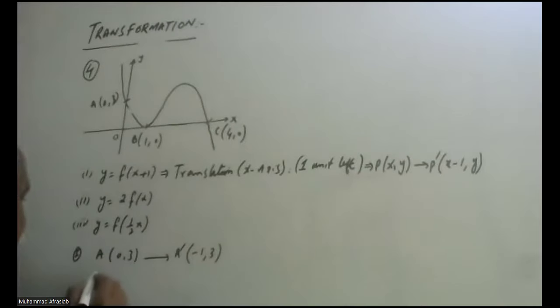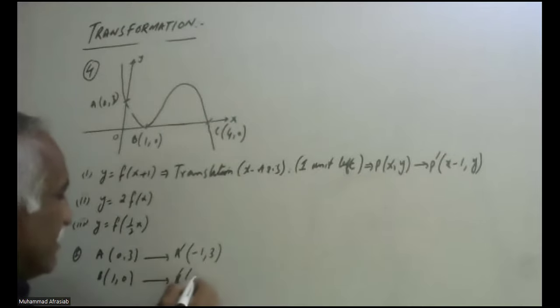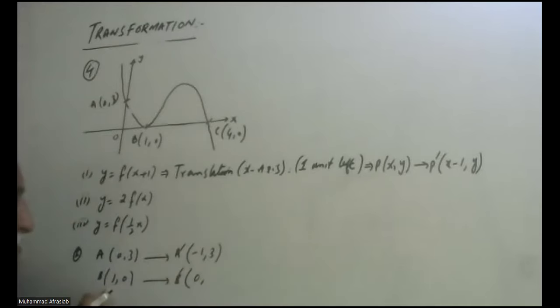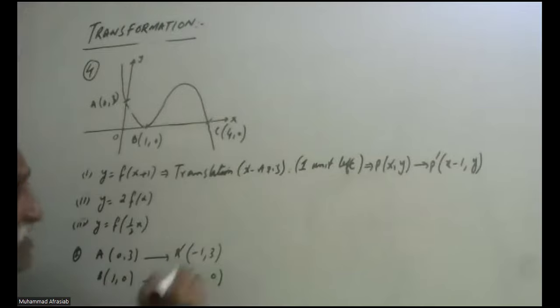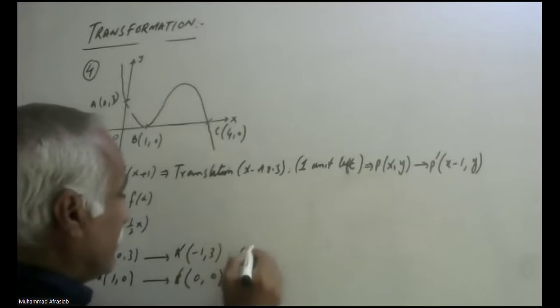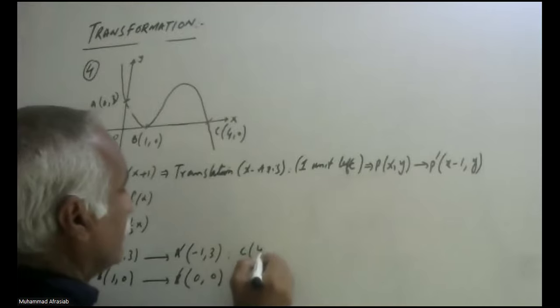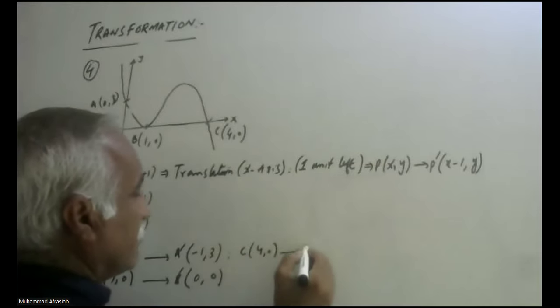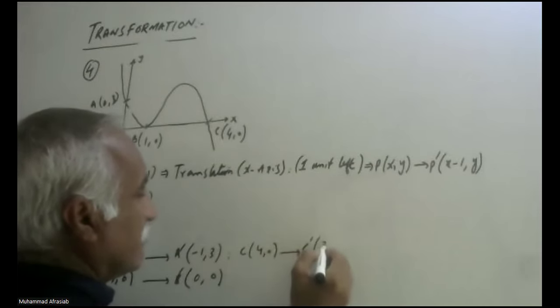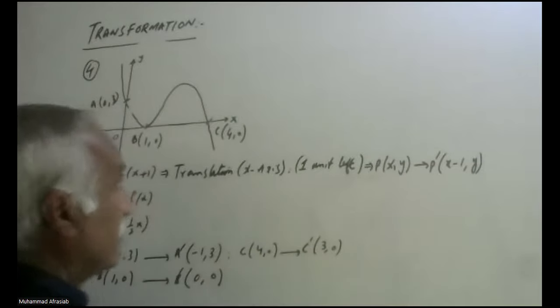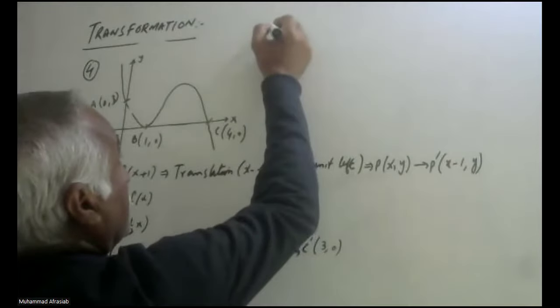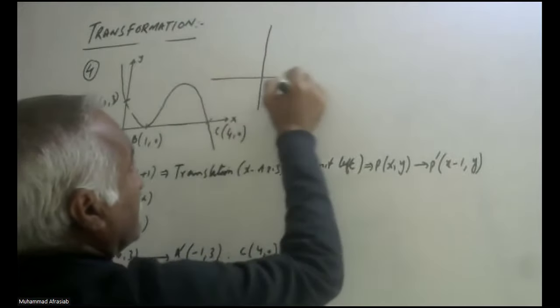The point B, which is (1, 0), is transferred to B dash as 1 minus 1 is 0 and 0 as it is. And the point C, which is (4, 0), will become 4 minus 1 is 3, and 0. So the graph of this portion will be like this.